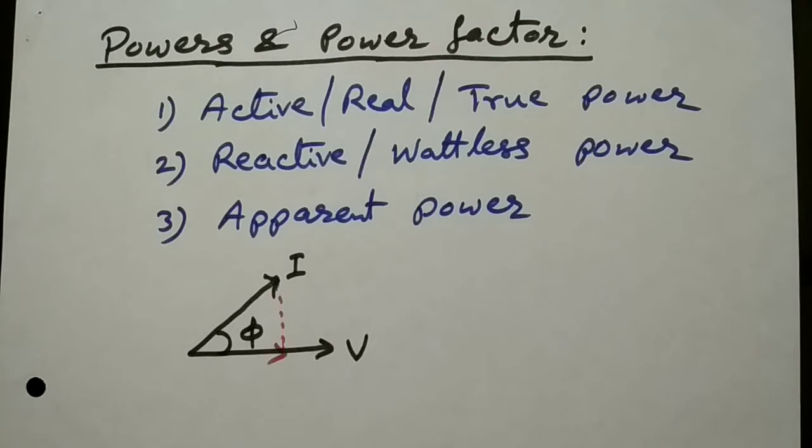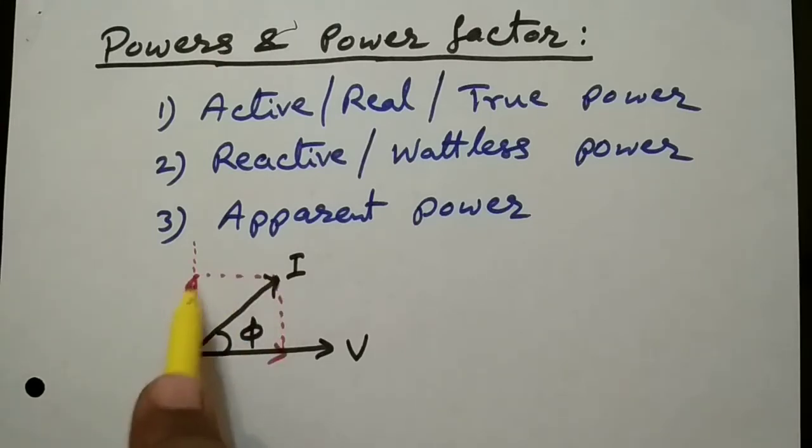We have already seen that for an RC series circuit, if we take voltage as a reference in the phasor diagram, then the circuit current will lead the voltage by an angle of phi. Now here we can resolve the current into two components.